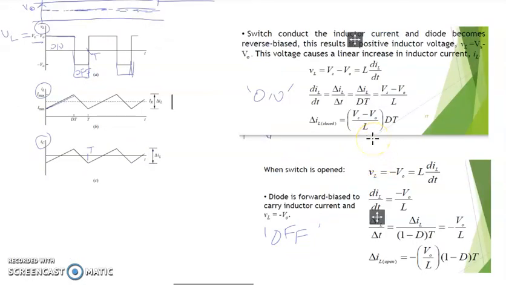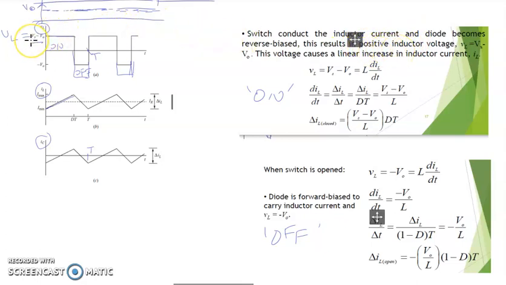Okay, during the on state, we go to the formula analysis of what happens in each of the parts. When we switch on, the switch conducts, and the diode becomes reverse biased. This results in a positive inductor voltage.